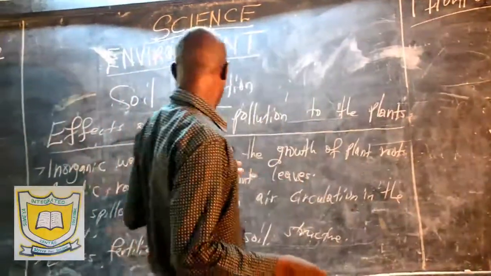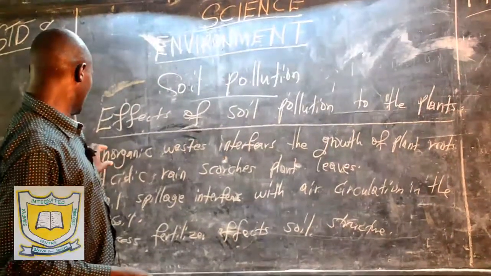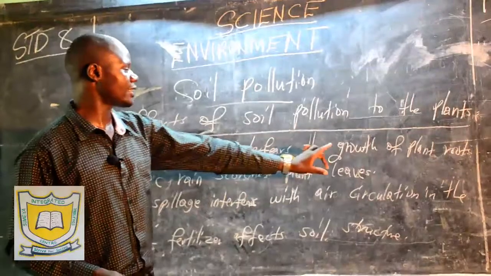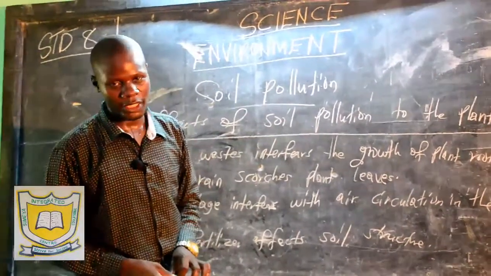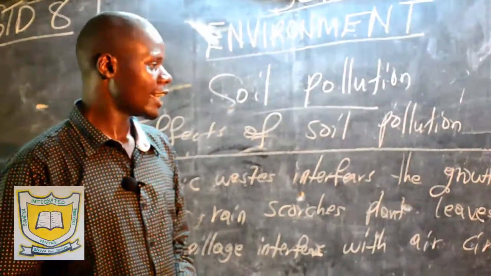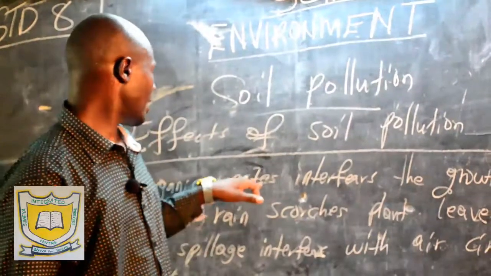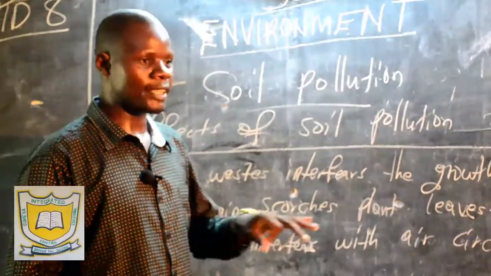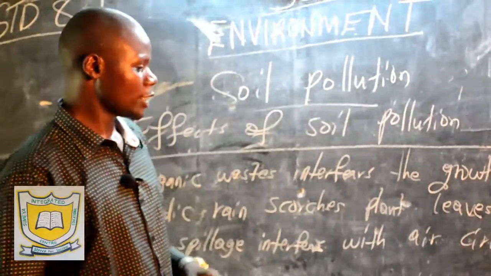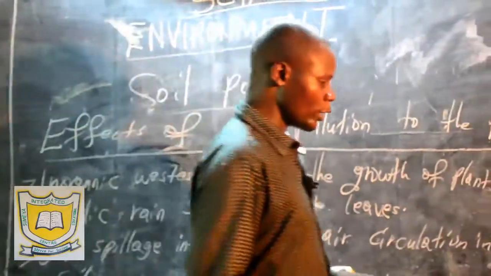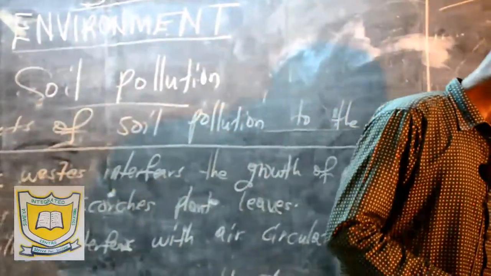Lastly, we have to talk about germination. Inorganic wastes will still interfere with germination. You understand, growth of a new plant needs oxygen and other components that must be there for germination to take place. So this is how soil pollution affects the plants.